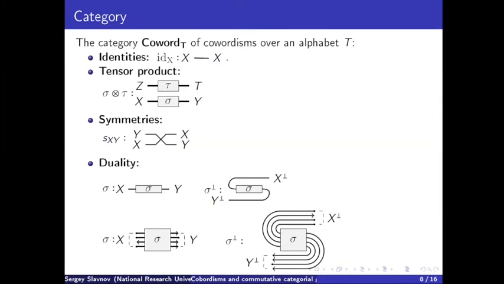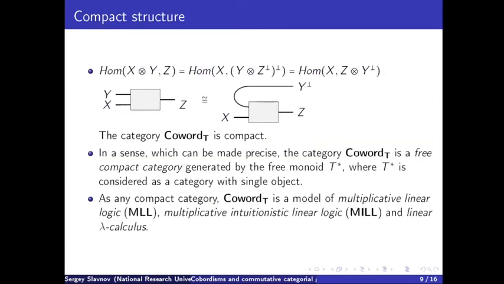Okay, so a lot more pictures can be made. So there are caps and cups and names and conames. And in short, this is a compact category. So we can move objects between inputs and outputs.